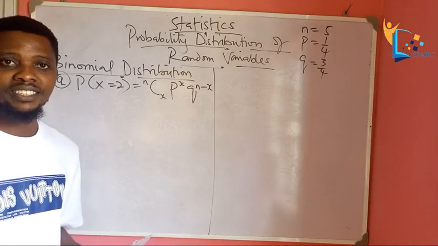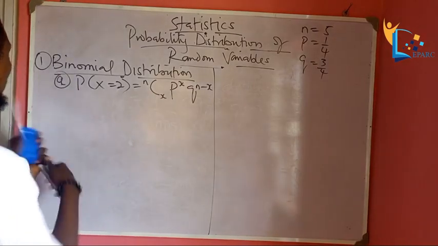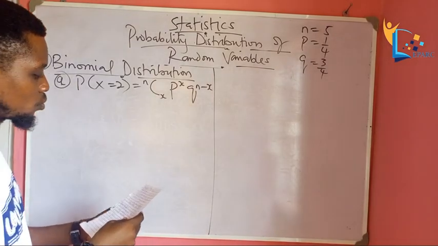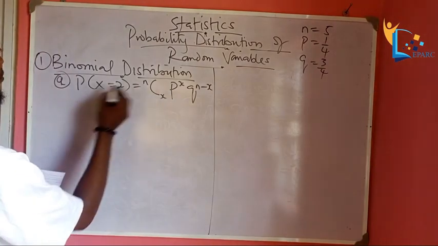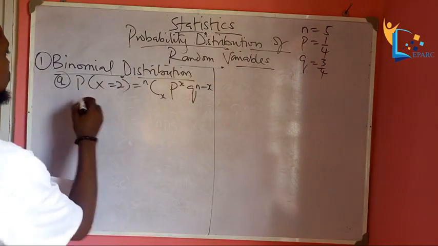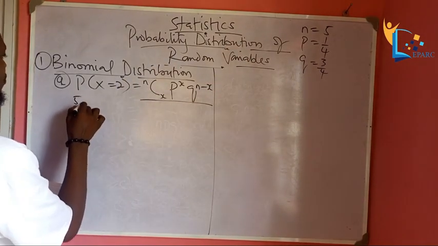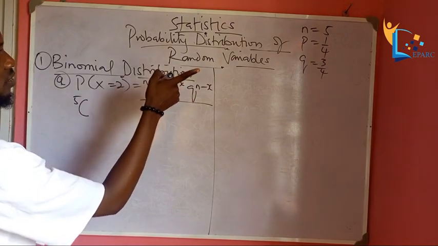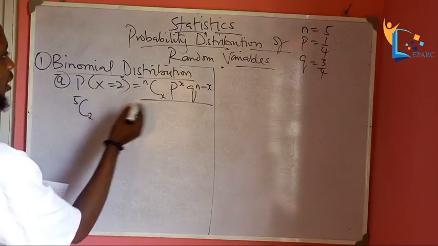So now, are we ready? We are solving for X equal to 2. So here we have our n, which is 5. Now this is our formula, don't forget. So 5C, our x is 2.